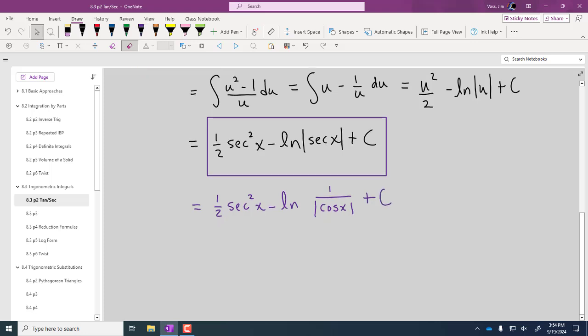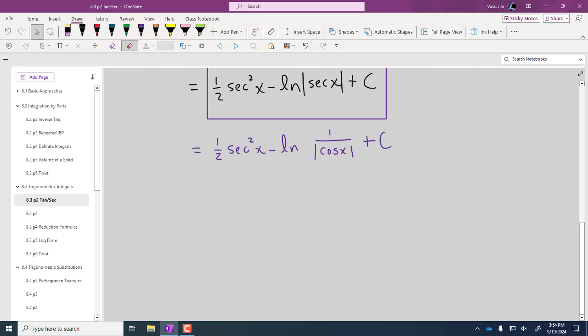And then what do you do with the log of a quotient? Subtraction. You could, if you're so inclined, say this is the natural log of the numerator minus the natural log of the denominator, remembering to distribute that minus.